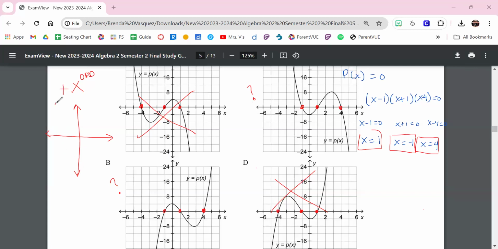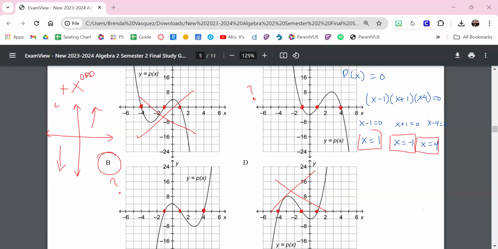Therefore, on my left side it's going to go down, and on my right side it's going to go up. So which one has that behavior? On the left side it goes down, and on the right side it goes up. Which one is it, B or C? B in this case, so it has to be B.